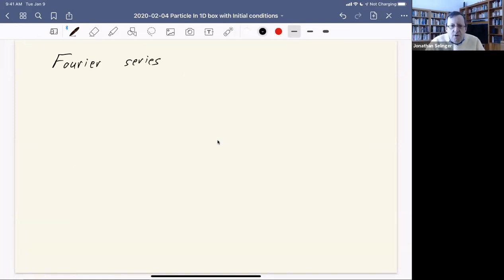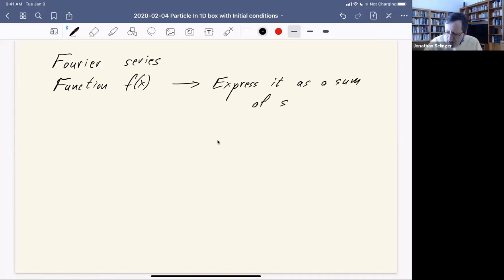Okay, so the idea in a Fourier series is that you have some function f of x, and you express it as a sum of sines or cosines or complex exponentials.